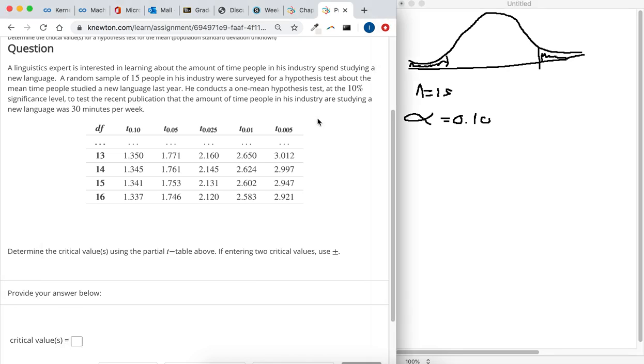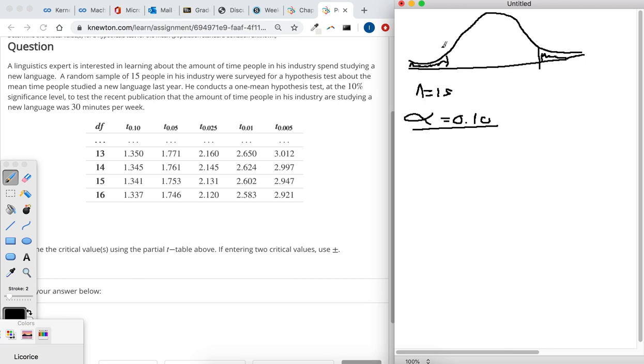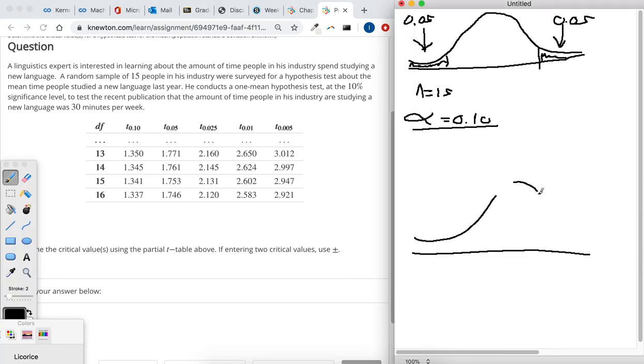And that's significant because now we've got to use the table and consider our alpha of 0.10. If alpha is 0.10, that's the area in the tails here. That means you need to split it up evenly amongst these two tails. So we should be using 0.05 when we look at these t values, because a table value only tells you test statistics that represent area to the left of the value.